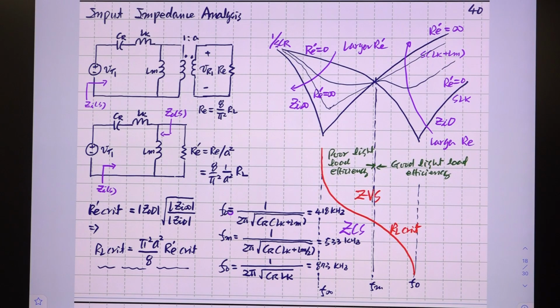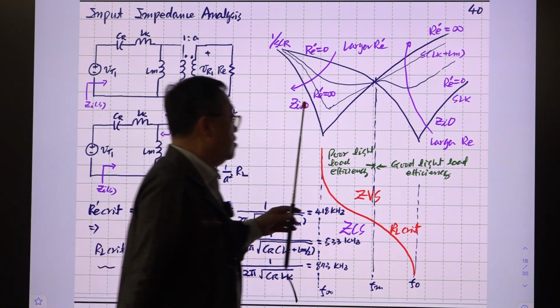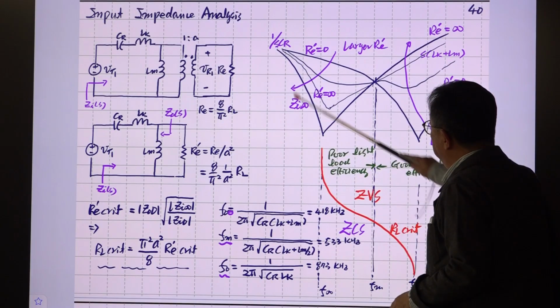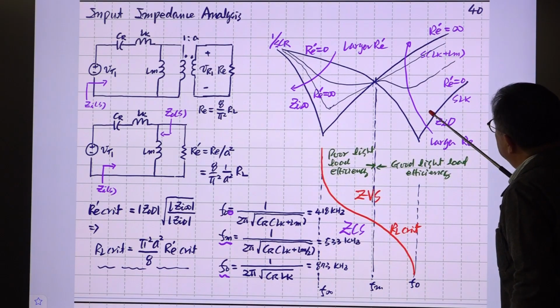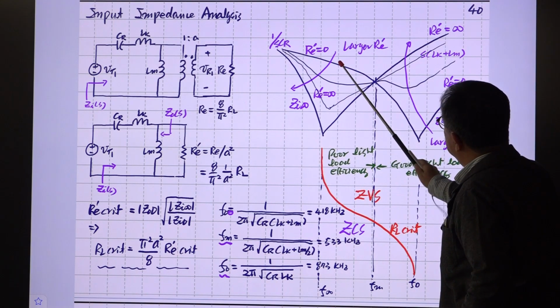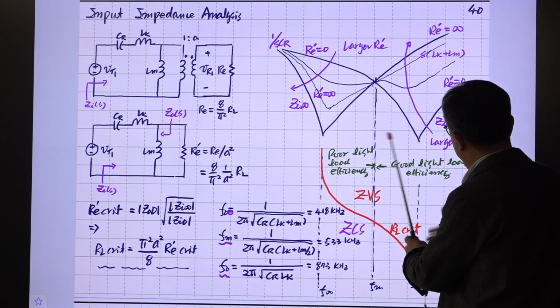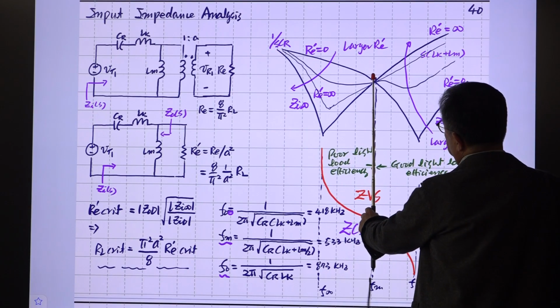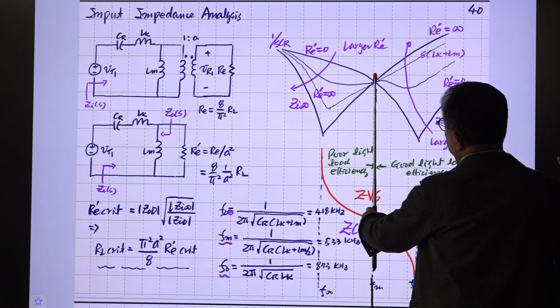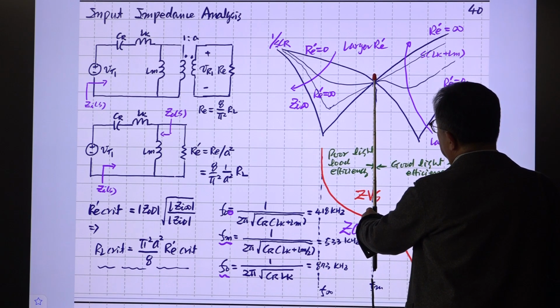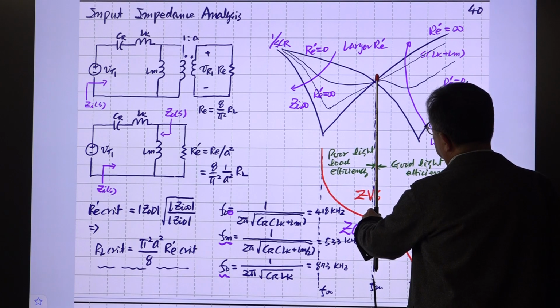This should be F infinity, and you have F0 and Fm. So this is our prediction based on our previous result. G infinity, G0: as R is increasing, the magnitude of G increases, so you have good light-load efficiency. On the right-hand side of this vertical line, we have poor light-load efficiency.